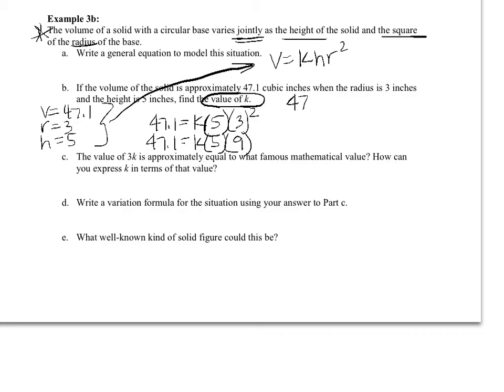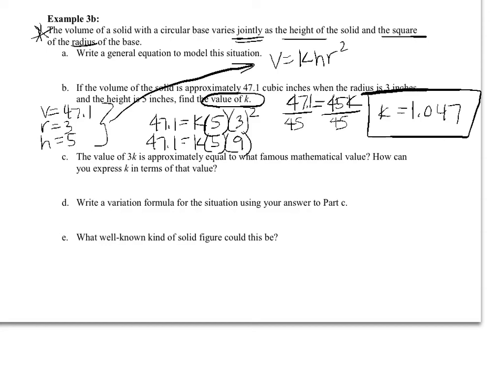Then we can go 47.1 equals 45k. Divide both sides by 45. And k equals 1.047.